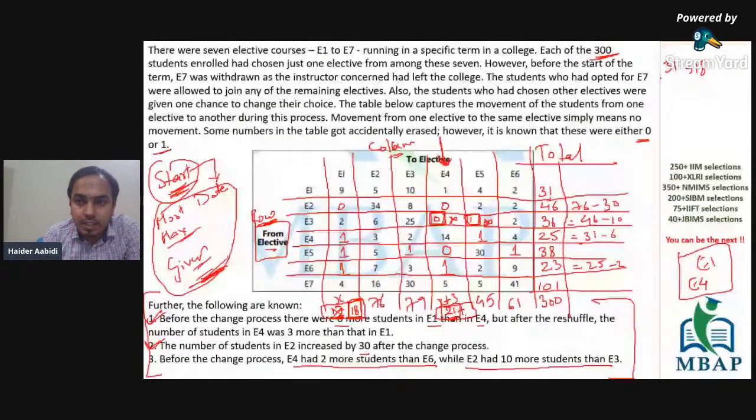Let us check the other cases. This is 31 to 18. The other case was 46, which became 76. E3 was 36, and it has gone to 79. And then E6 was 23, and this is 61 now.